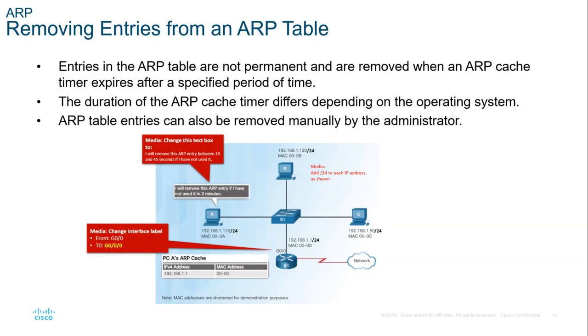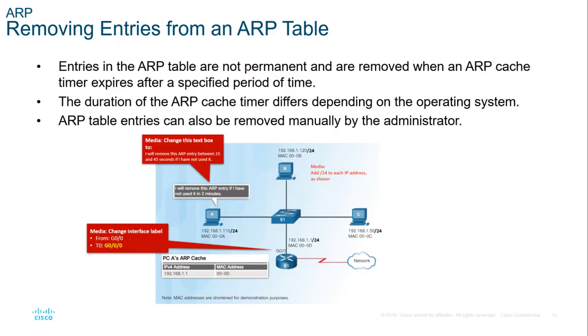Removing entries from the ARP table. These ARP entries are not permanent in the ARP table. After a while, if the computer is idle on the network, then all the ARP entries for that computer will be removed so that they create room or storage for other active devices.